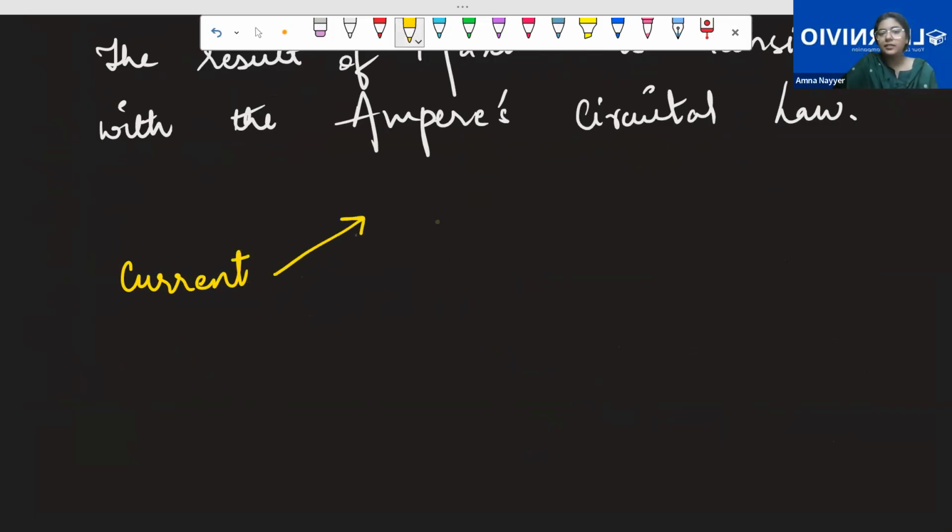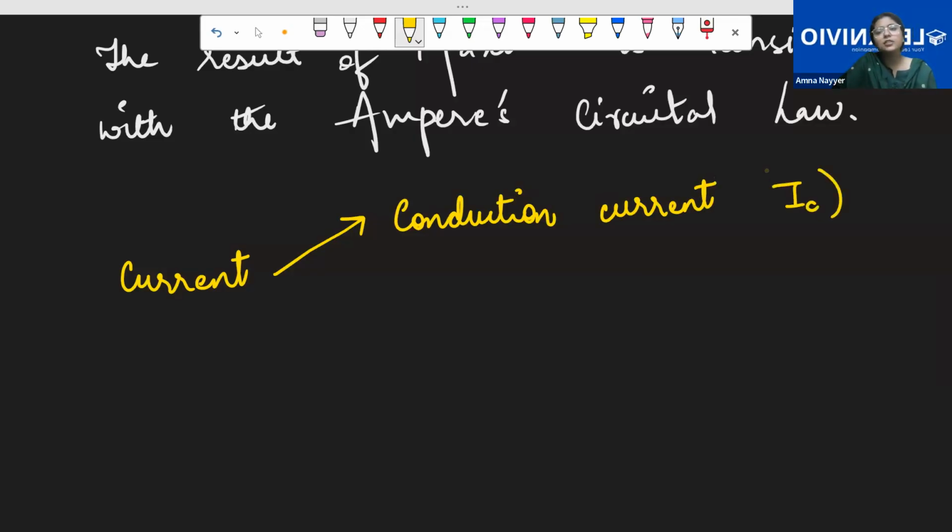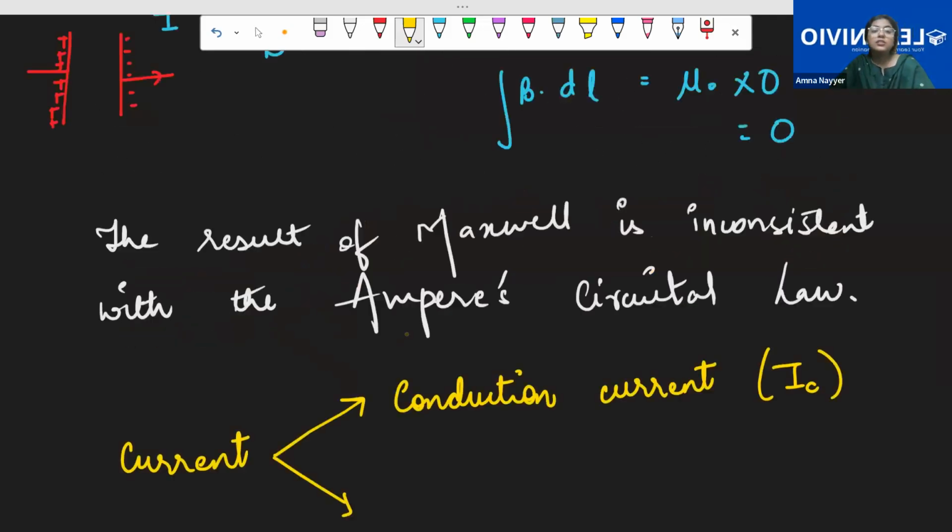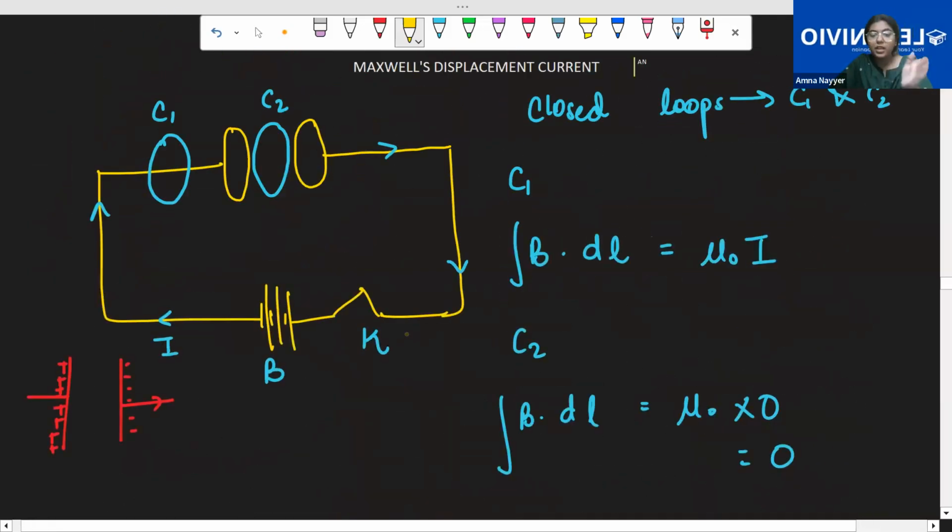One current is the conduction current. Conduction current means the current that is flowing in the circuit because of the discharging of the battery. From the battery, the current that is coming, that is your conduction current. But Maxwell said that there is not just a single current which we are able to observe.